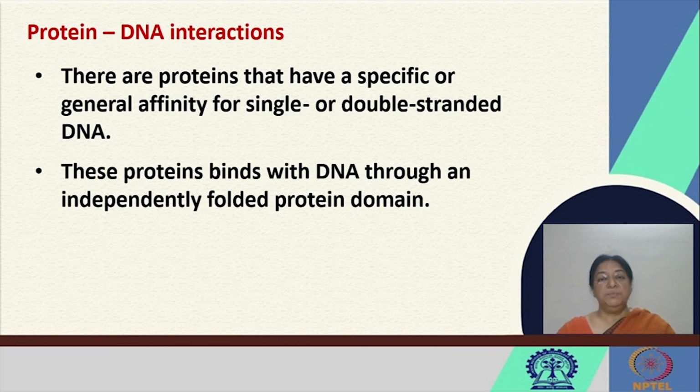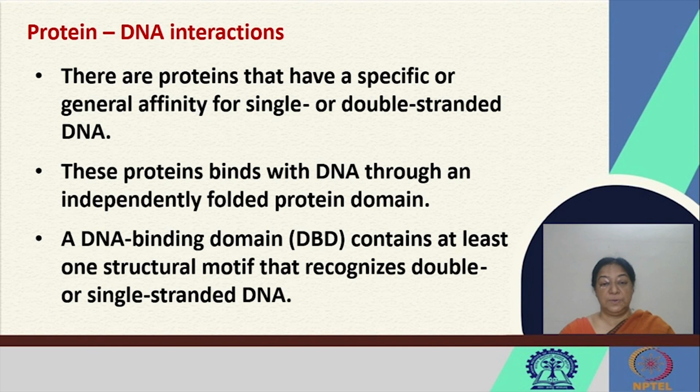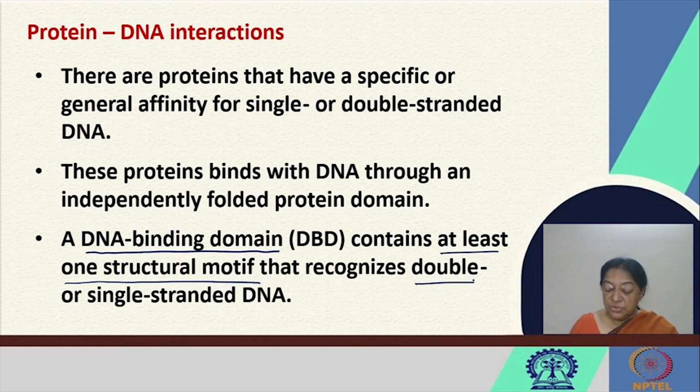This is important because the specificity is important in several cases depending upon the function and the mechanism of action. What we have here is a specific DNA binding domain. This DNA binding domain contains at least one structural motif that is involved in the recognition process of either double-stranded or single-stranded DNA.